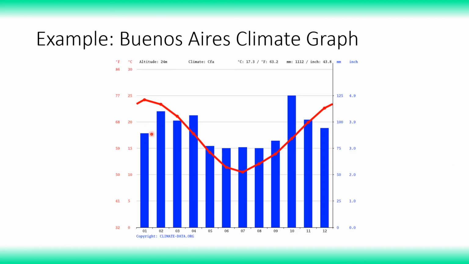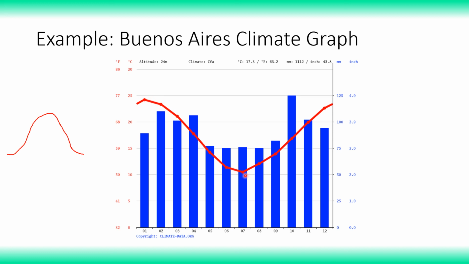So you can see here, we're ignoring the precipitation for the time being, but looking at this red curve for the temperature part of the graph, we would be used to in the northern hemisphere seeing the temperature curve look something like this over the course of the year. But in the southern hemisphere, that's not what happens, because for them, the hottest months of the year would be December, January, February, where we're hitting average temperatures of about 24 degrees.